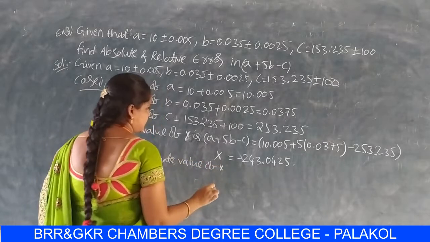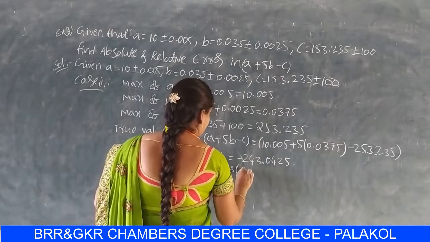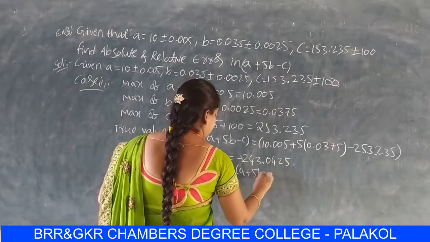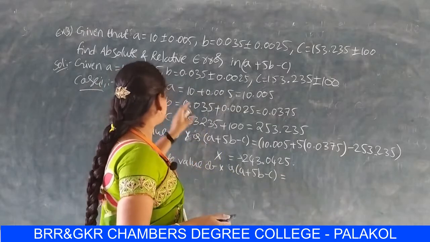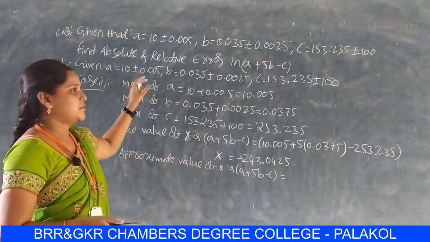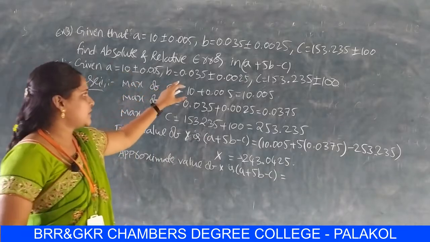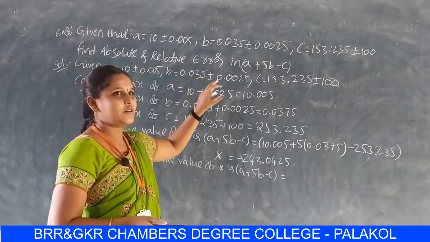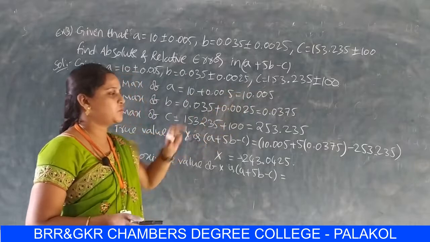And the approximate value of x is A plus 5B minus C. The approximate value is only the values before the error terms are involved. So A is equal to 10, B is equal to 0.035 and C is equal to 153.235.